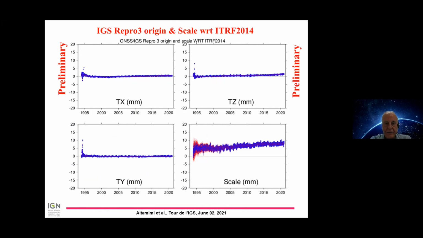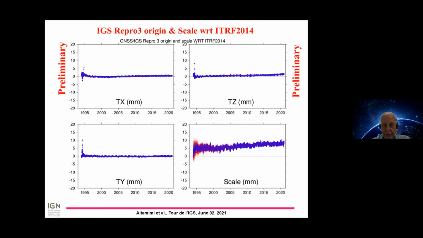Starting with the IGS, as you see here, the origin component, the time series in X, Y, and Z, you see a perfect alignment of the Repro3 to the ITRF 2014. And this is the nice work of Paul. So thank you, Paul, for making sure that we have, for the IGS Repro3, a perfect alignment to the origin of ITRF 2014.